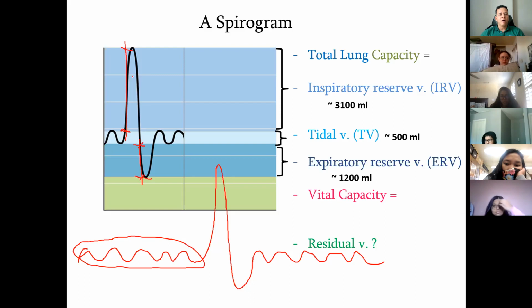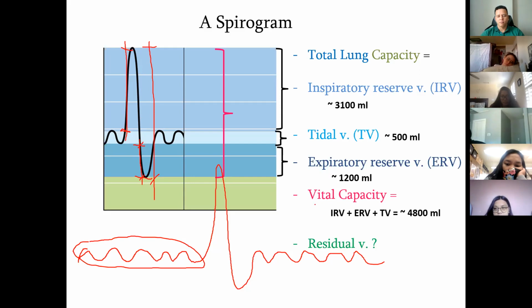Now, when we add all of these up, from here all the way to here, which includes the tidal volume, the inspiratory reserve volume, and the expiratory reserve volume, we get what we call the vital capacity. If you add those numbers up, it comes out to about 4,800 mLs. There's just one measurement here that is left.